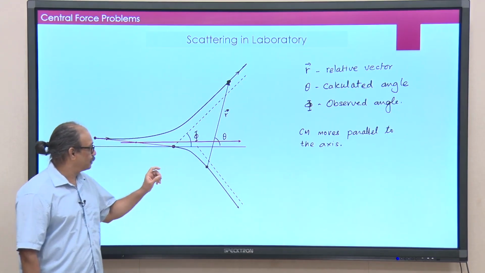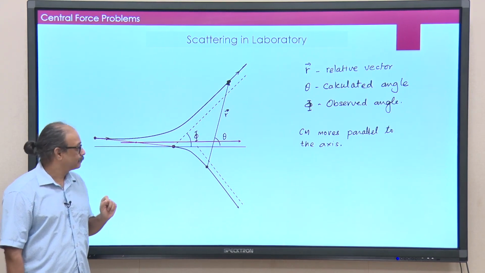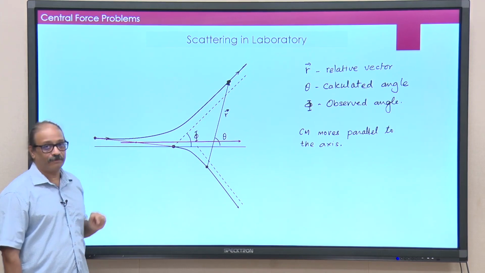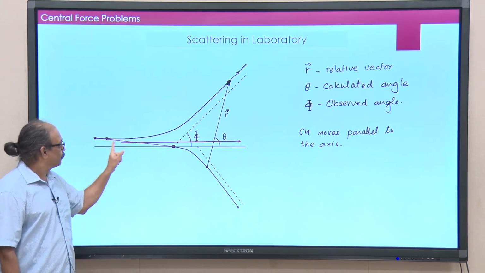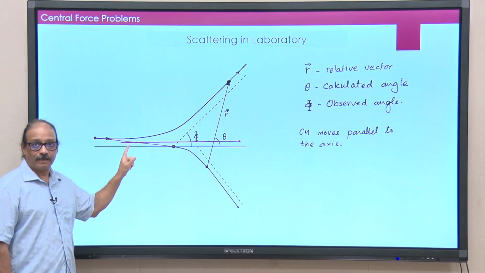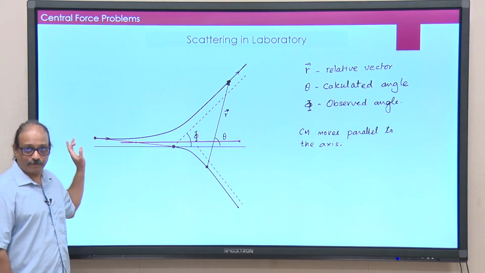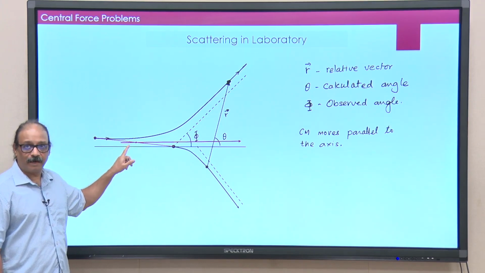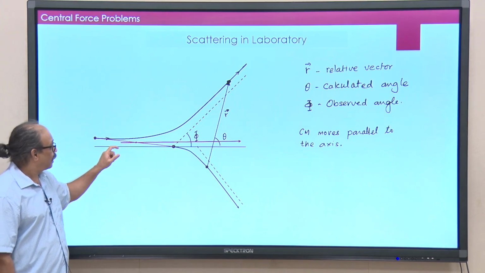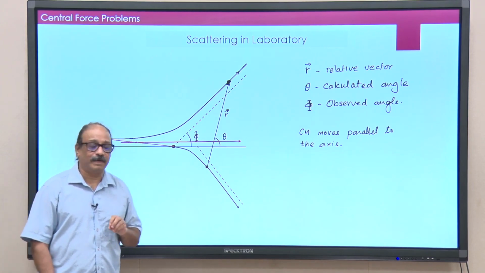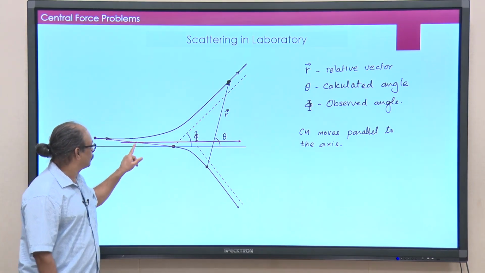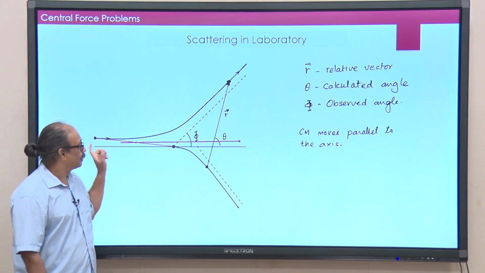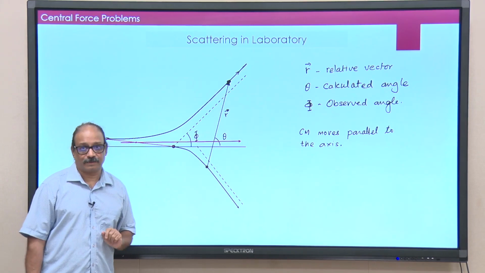So, at t equal to 0 or the initial point, this had 0 velocity and this had some incoming velocity. The center of mass would be sitting somewhere here in between the two particles along the line joining them, not necessarily in the middle, but somewhere along that line. And what would be the velocity of the center of mass? The velocity of center of mass would be exactly parallel to the incoming velocity here, because this one has 0 velocity.